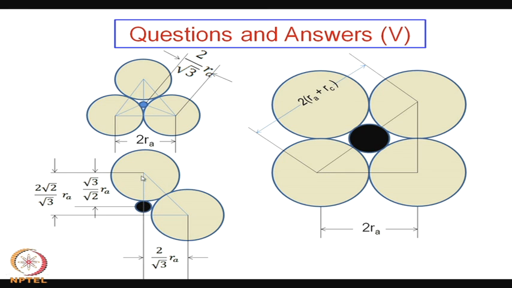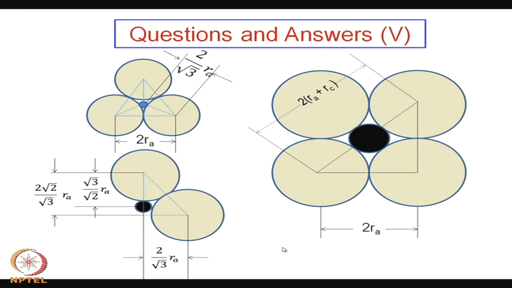So, this height is root 3 by root 2 RA, and this is nothing but RC plus RA, where RC is the radius of the cation and RA is the radius of the anion. So, this distance is equal to this one.